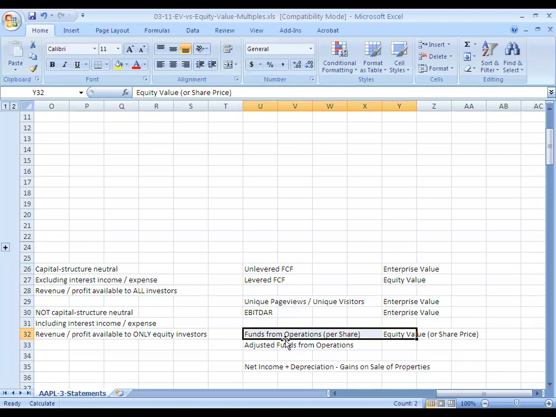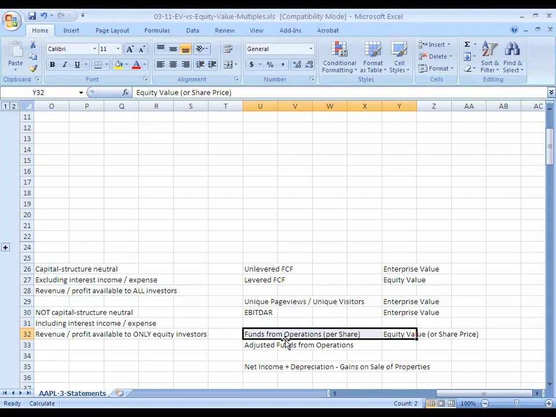So those are a few examples of how you think through whether to use equity value or enterprise value for the purpose of valuation multiples. Now, if you look at the handout, I go through a couple examples of this and go into more detail on some of the different multiples and metrics you use in different industries, but that's the basic idea of when you use which one here.